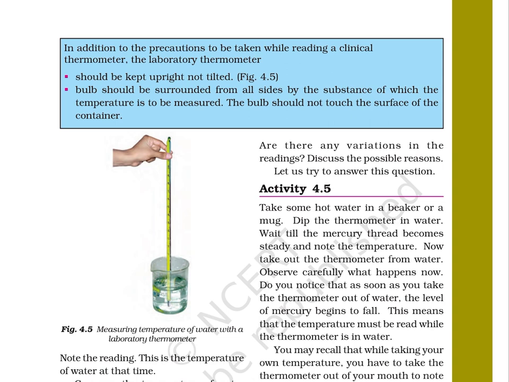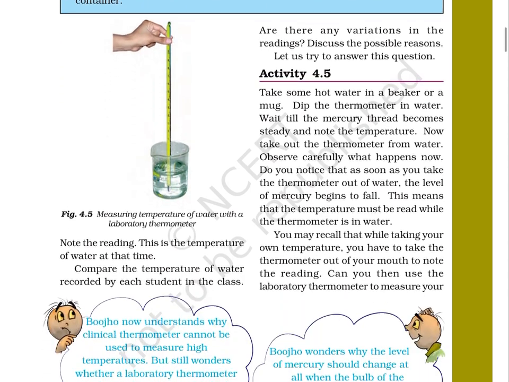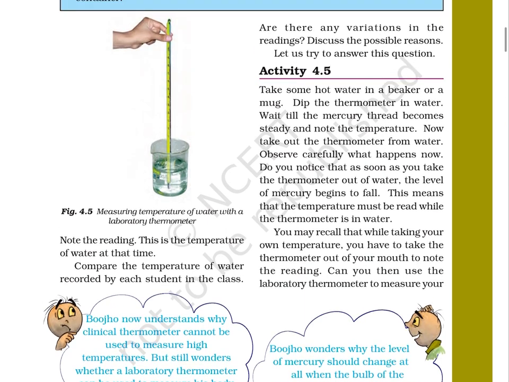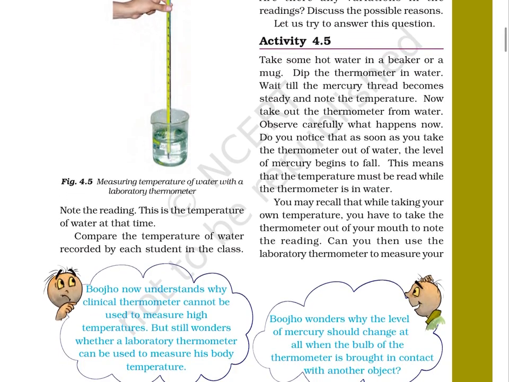The bulb should not touch the surface of the container. Figure 4.5. Measuring temperature of water with the laboratory thermometer. In this picture, we can observe a laboratory thermometer immersed in water, that is, inside a container.